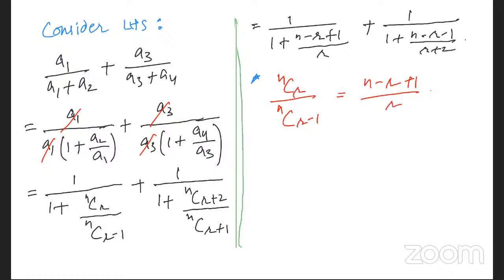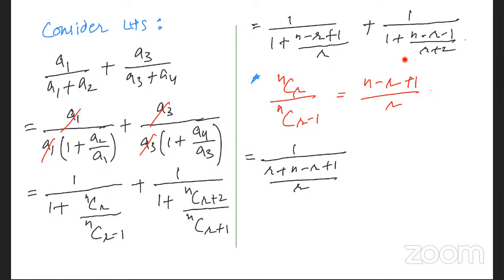Now this step we shall simplify further. This will be equal to 1 divided by, in the denominator we shall take LCM, (r + n - r + 1)/r, plus 1 divided by (r + 2 + n - r - 1)/(r+2).